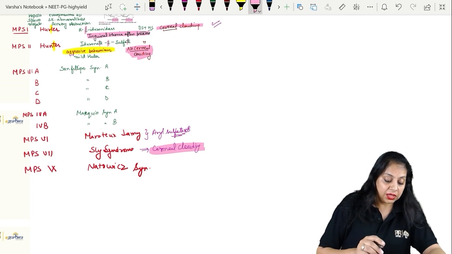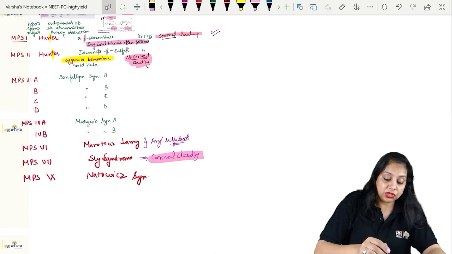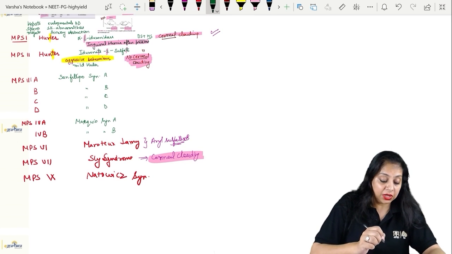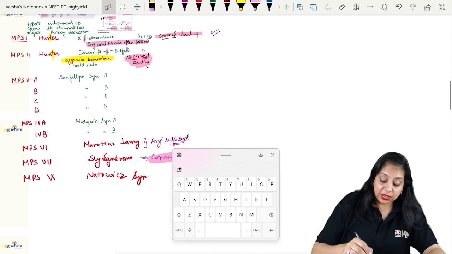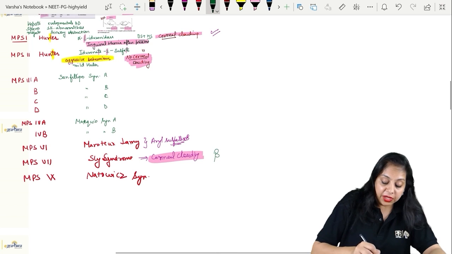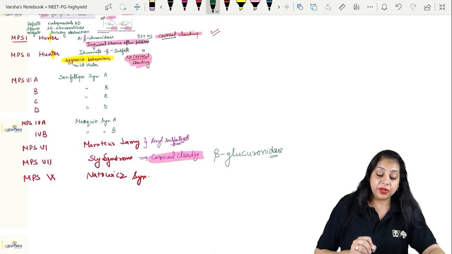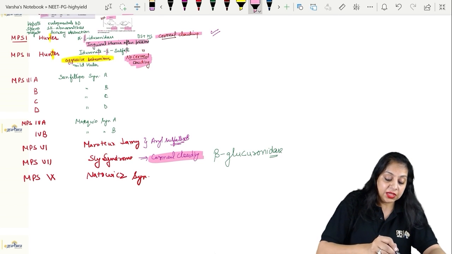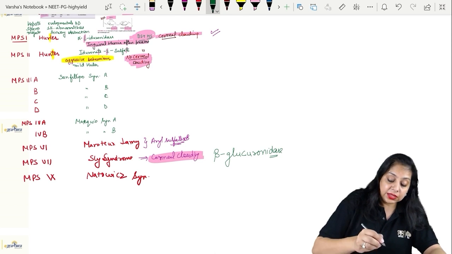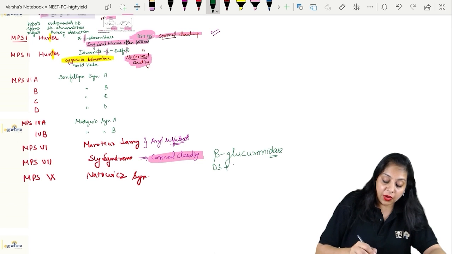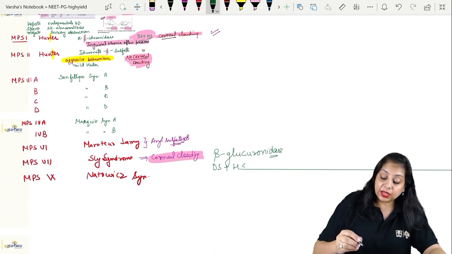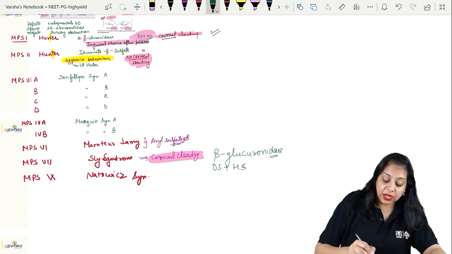How are you going to make the difference between Hurler and Sly syndrome? First is the enzyme difference. In Hurler, you have alpha-L-iduronidase, whereas in this the defective enzyme is beta-glucuronidase. That is one difference. Up there, the dermatan sulfate and heparan sulfate were precipitated. In this, you have dermatan sulfate and heparan sulfate, but what else is precipitated?